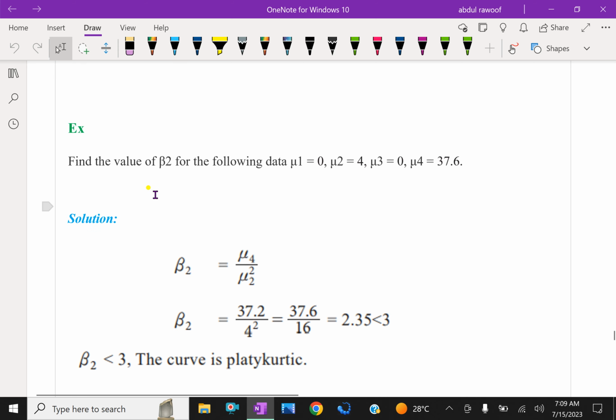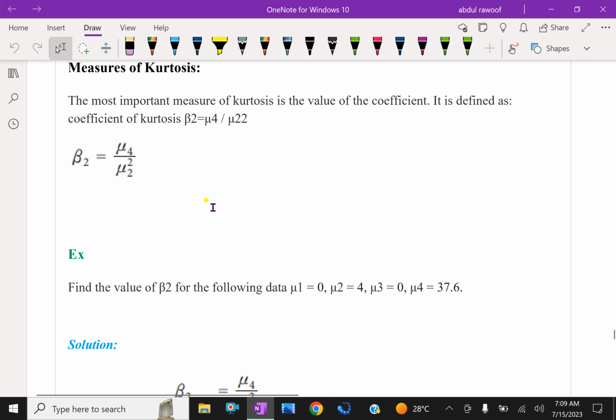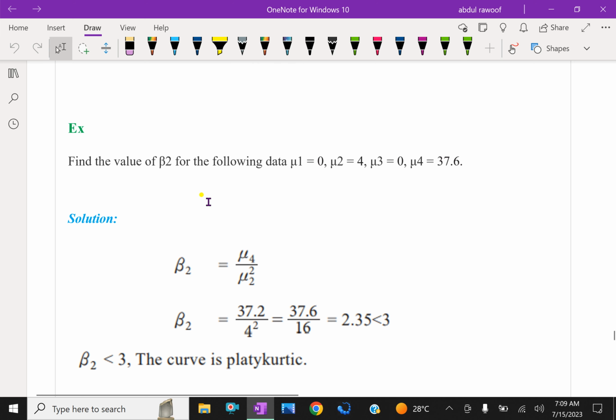For example, find the value of beta 2, that is, the measure of kurtosis, of the following data: mu 1 equal to 0, mu 2 equal to 4, mu 3 equal to 0, and mu 4 equal to 37.6.